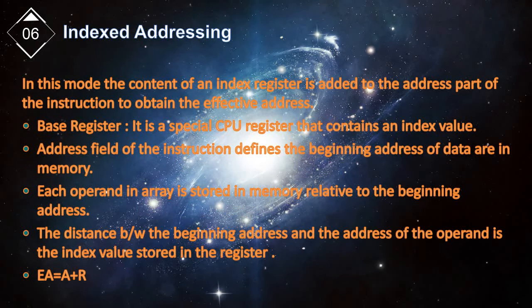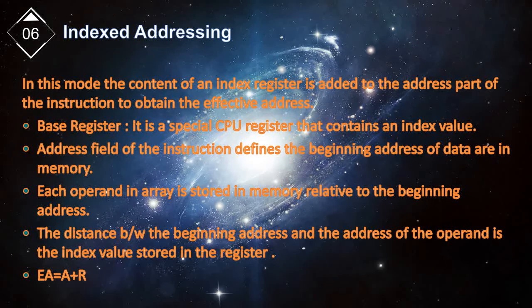Next we can see index addressing. This is a version of displacement addressing. In this mode, the content of an index register is added to the address part of the instruction to obtain the effective address. The index register is a special CPU register that contains an index value.